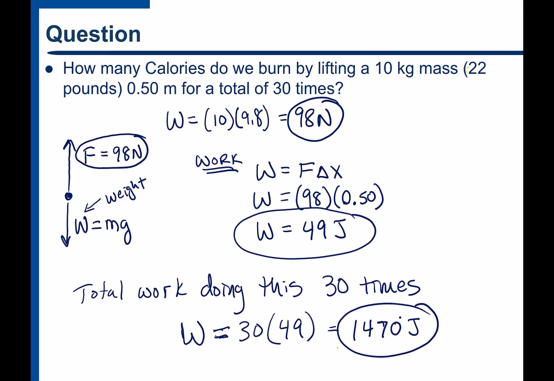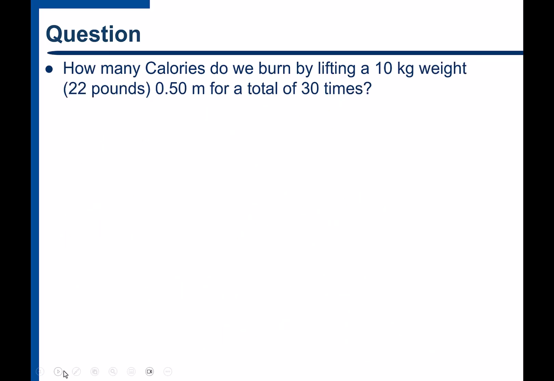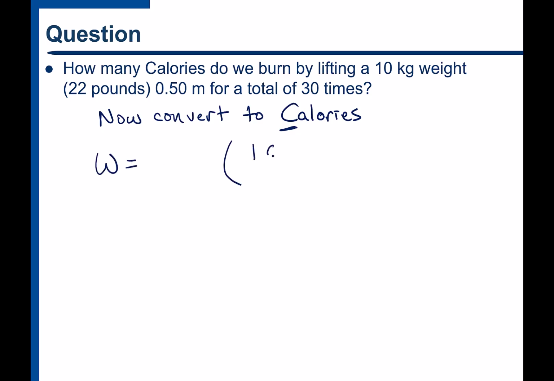Well, let's now see how many calories you burned in doing that exercise. What we want to do is convert to food calories. And remember that to distinguish a food calorie, we use a capital C, so that means food calories. And we just learned that there is 1 food calorie in 4,180 joules.